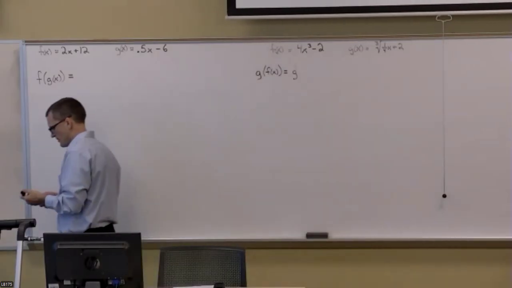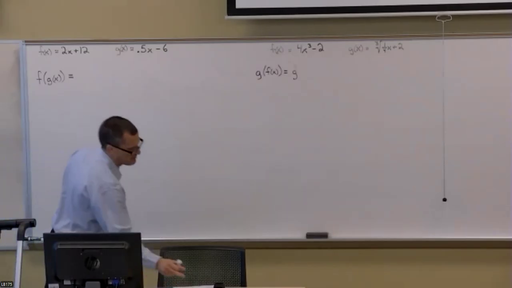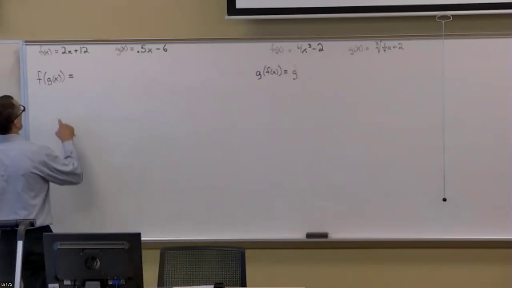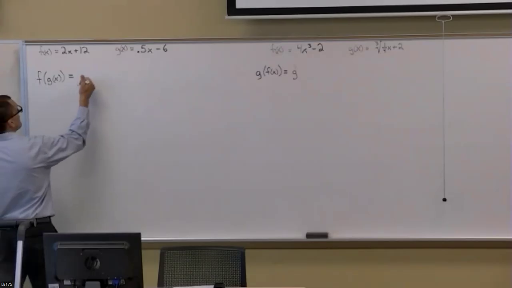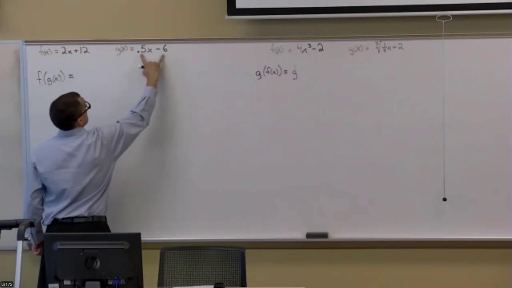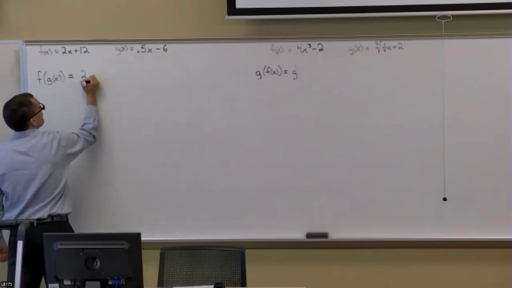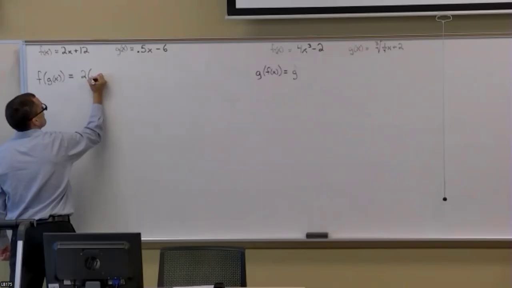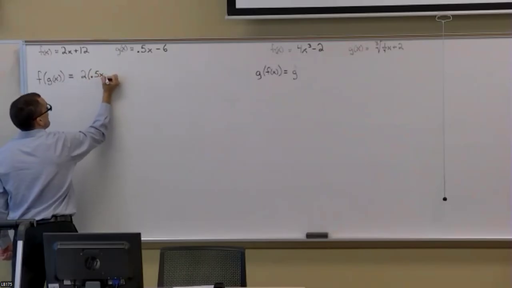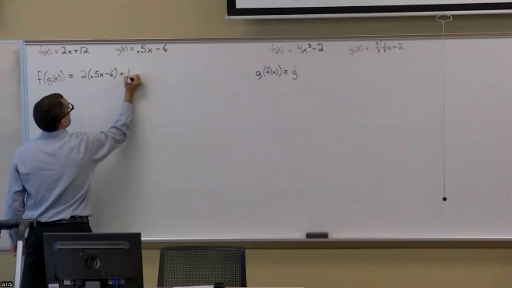All right, so let me go through these examples. I'll do f of g of x. I'm just going to do this in one shot. We're going to plug this into this function. So that's going to be 2 times the quantity 0.5x minus 6, plus 12.